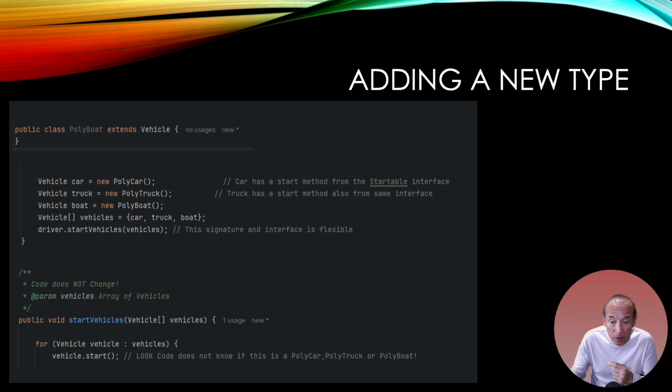And looky here, this code, the code that deals with starting vehicles, has always been dealing with the interface, always been dealing with the parent class vehicle. It's still calling start. The for loop does not change. So your code doesn't change because I was focused on the parent class. I was focused on the interface, not the implementation.